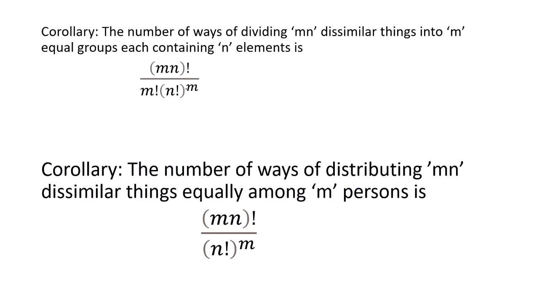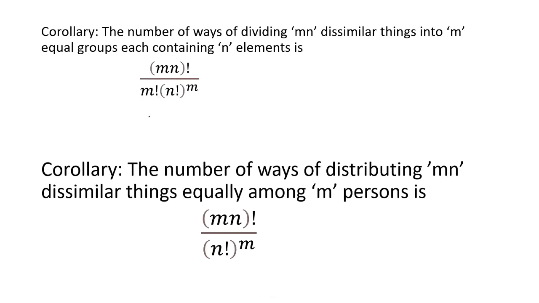The generalization is here. The number of ways of dividing mn distinct objects into m groups, each containing n objects, is going to be (mn) factorial upon m factorial times (n factorial) raised to m.